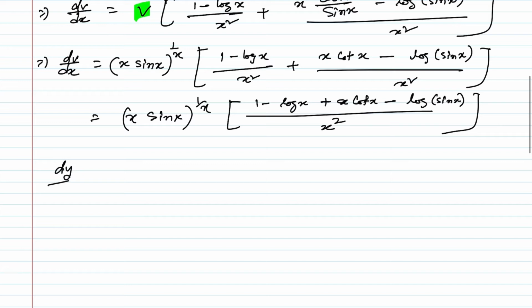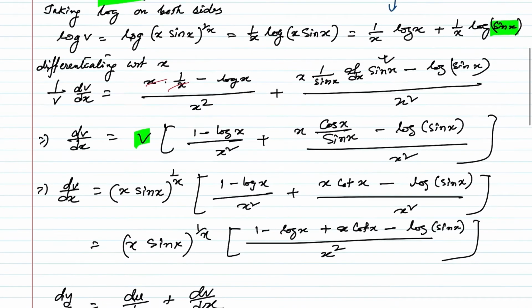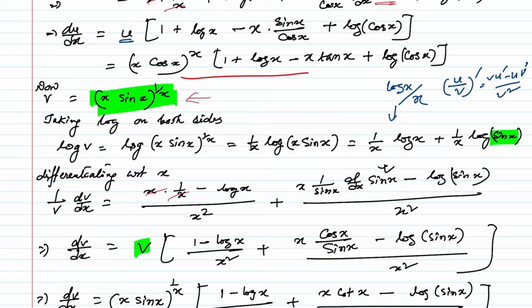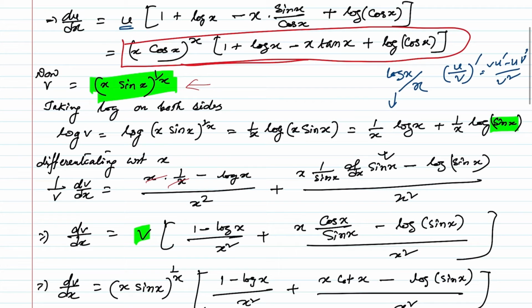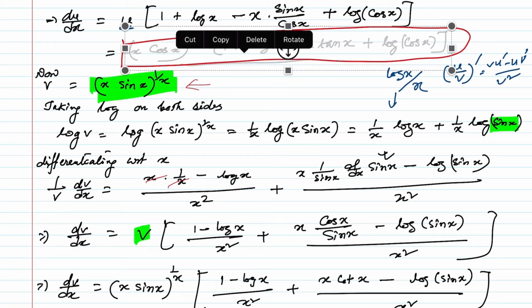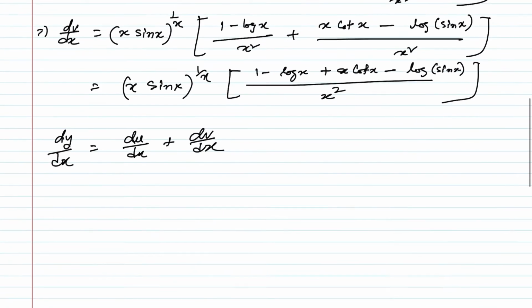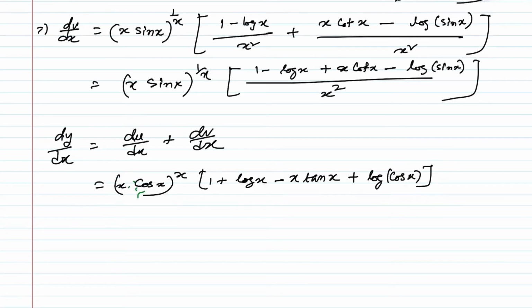So dy by dx is equal to du by dx plus dv by dx. We have got du by dx here, so use this value: (x cos x)^x into 1 plus log x minus x tan x plus log x. Let me make a copy here. So this is the value of du by dx.